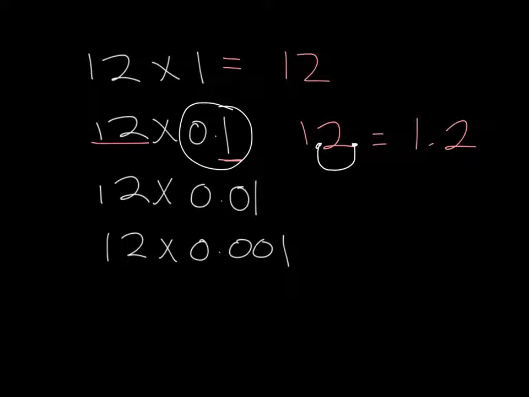And we're going to do that again for 12 times 100th. Again, we're going to multiply our whole numbers, ignore the decimal for now, and get 12. And then we're going to focus in on our factor that has the decimal. We're going to count how many decimal places there are, realizing there are no decimal places in 12.